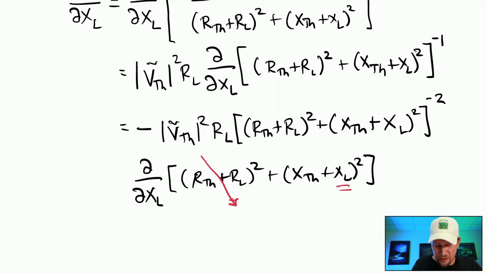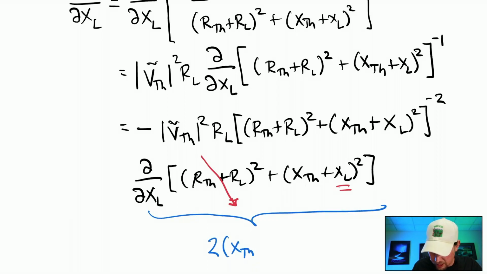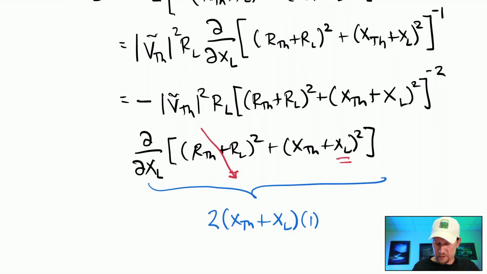And here again, I can use the chain rule and say that just this part, and I'm going to do this in blue so that you can really keep track of it, only the derivative of this part, well, it's got to be 2 times Thevenin reactance plus xl, times the derivative of the inside, but the derivative of the inside is just 1, right?